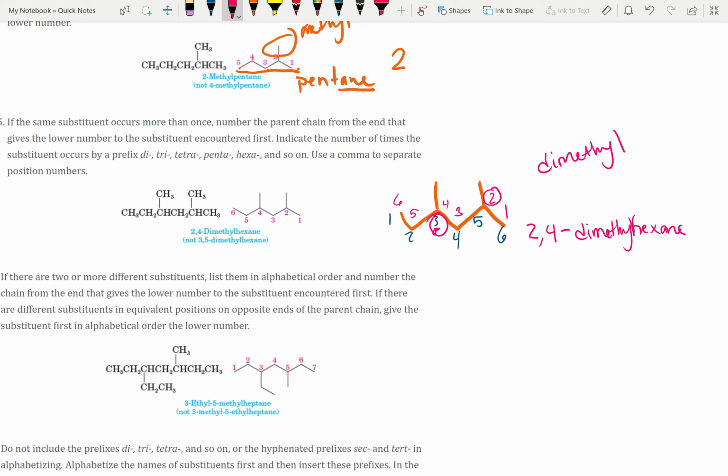So if I redrew that, right, we have our 2 methyl groups, and let's say we have another methyl group here. So how do we number that? Our first methyl has to be on the first carbon, right? So we can't have our first methyl be on the second carbon and end the 6th one with a methyl group. So we will number it from the left side, 1, 2, 3, 4, 5, and 6. So now how do we name this?